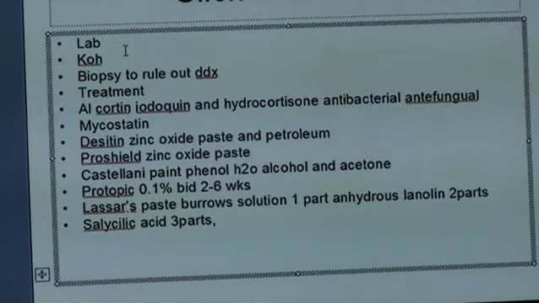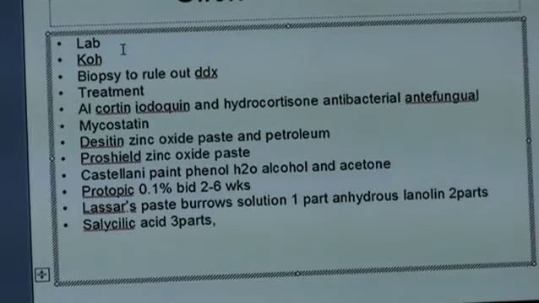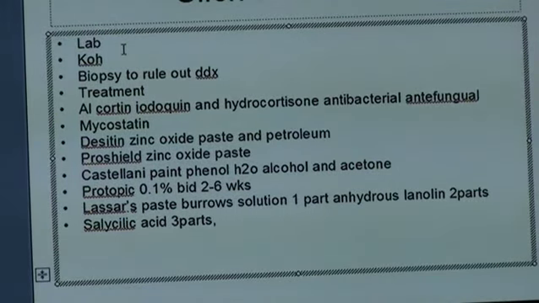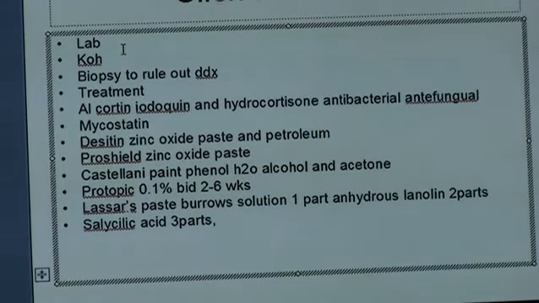And then it's very, very rare to see candidiasis in an adult. You usually get candidiasis in adults only with major immunosuppression. Candidiasis usually only occurs in kids and infants. So just be aware that you'll see satellite lesions.